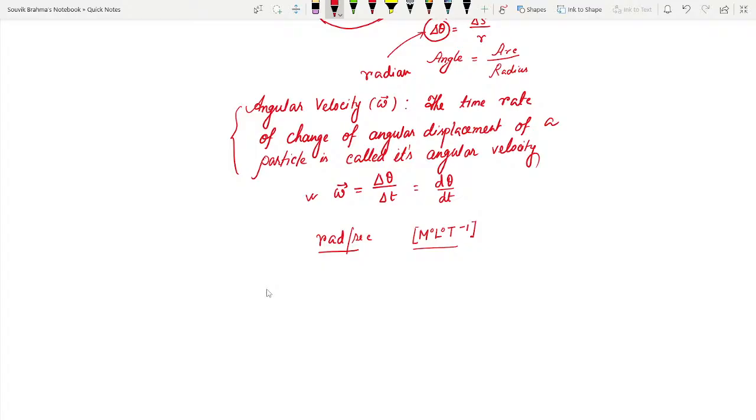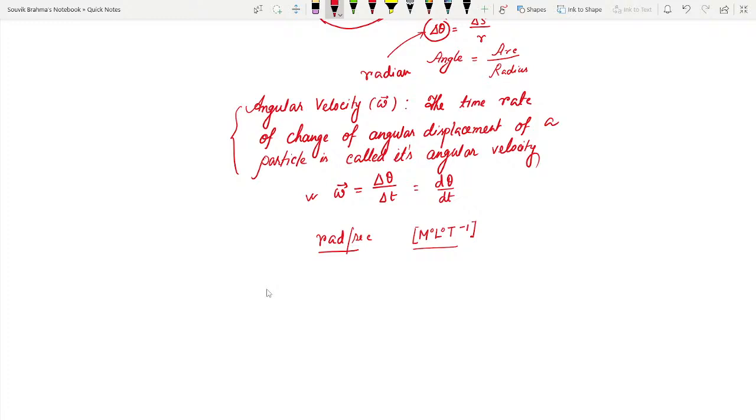Okay, now definitely there will be another term that is known as instantaneous angular velocity. Okay, so that means when this delta t tends to 0 at that time interval.